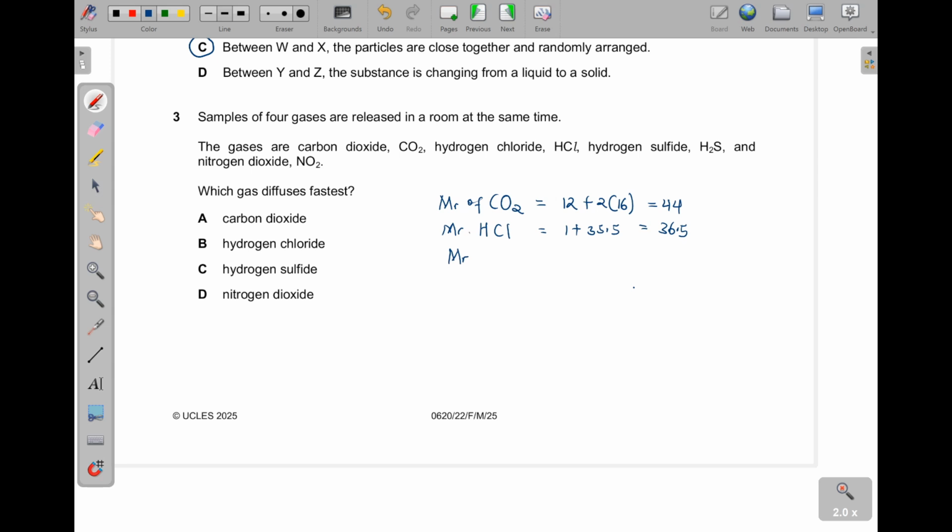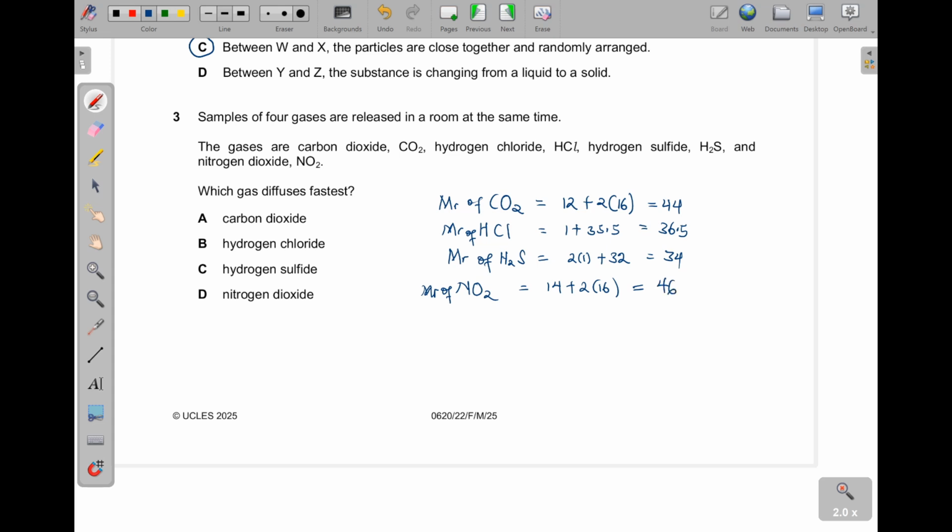The Mr of hydrogen sulfide is going to be 2 times 1, then plus sulfur is 32, so you will get 34 here. And then nitrogen dioxide, the Mr is going to be equal to nitrogen 14, then plus 2 times 16, so you'll get 32, plus 14, we shall get 46.